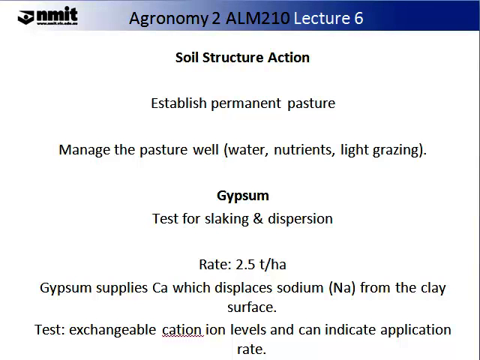The recommended rate in most situations is 2.5 tons of gypsum per hectare. Gypsum supplies calcium, which displaces sodium from the clay surface. An exchangeable cation level test will indicate your correct application rate.